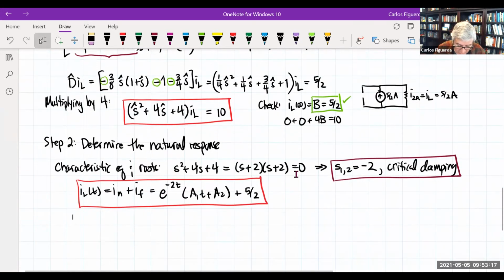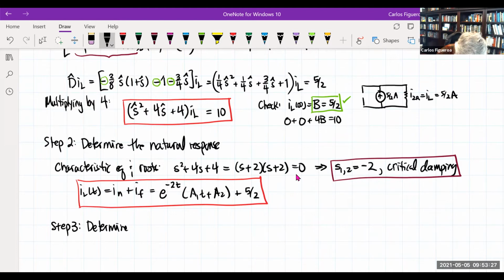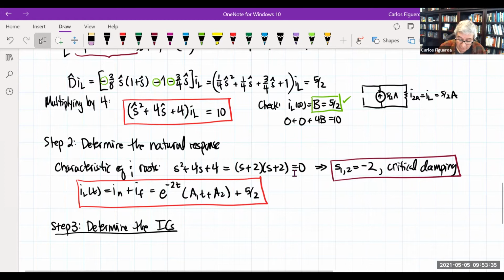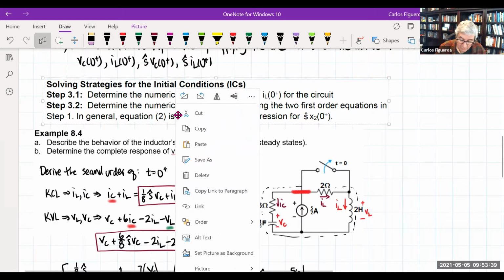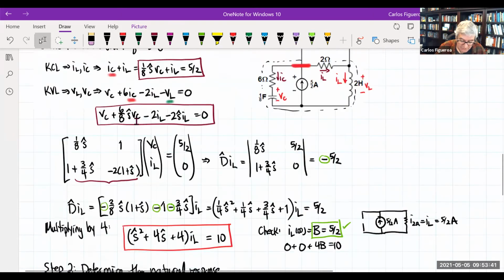So now I got to go to step 3. Step 3 then says go determine the initial conditions. Okay, go determine the initial conditions. So let's go look at what the strategy says. Right? The strategies say what?